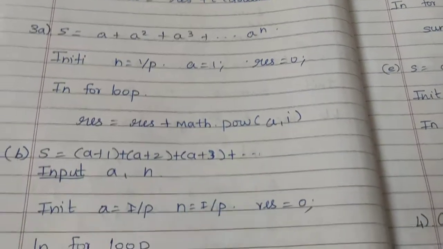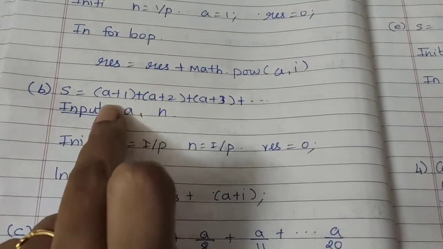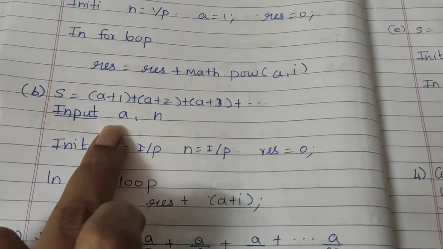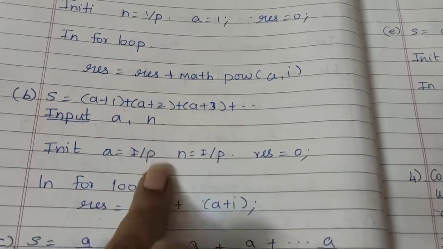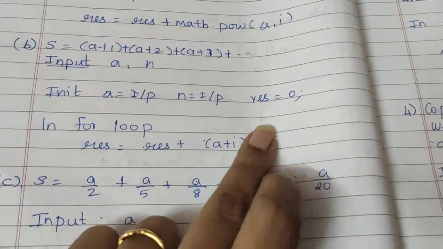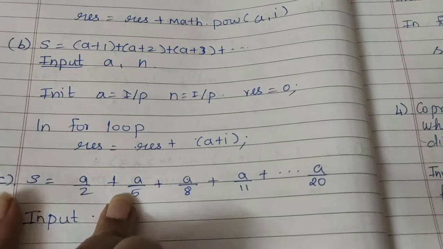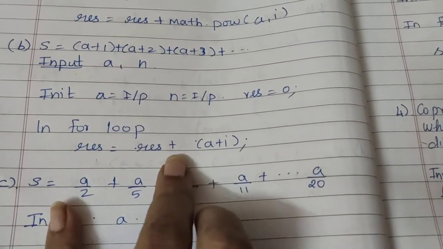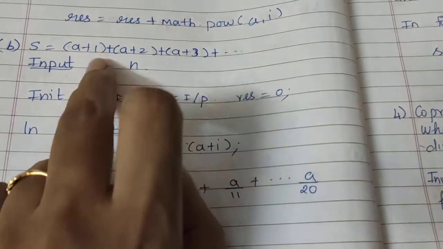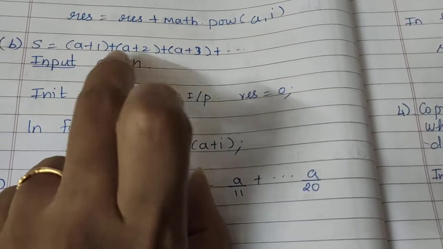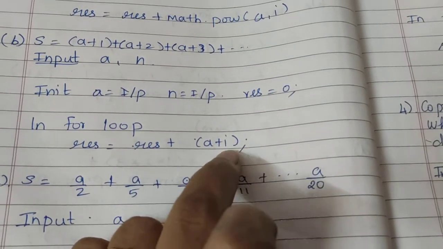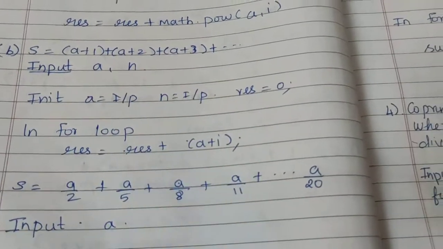Then for the sum of A plus 1, A plus 2, A plus 3, we take A and n as input, initialize result with 0, and in the loop give result = result + A + I, because here we have A plus 1, A plus 2, A plus 3. For each iteration the I value goes 1, 2, 3, like that it keeps on adding.